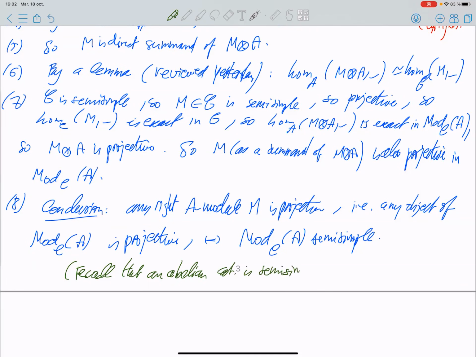So this is something well known. We already covered at the beginning of the course. If and only if every object is projective.